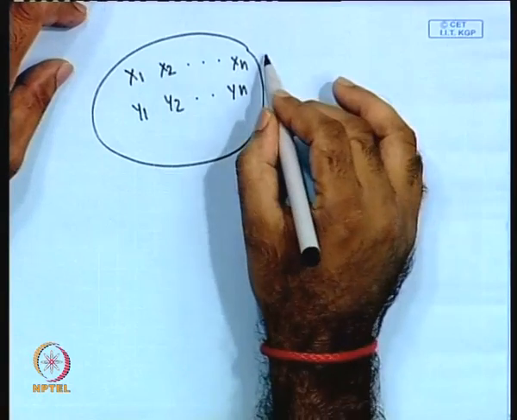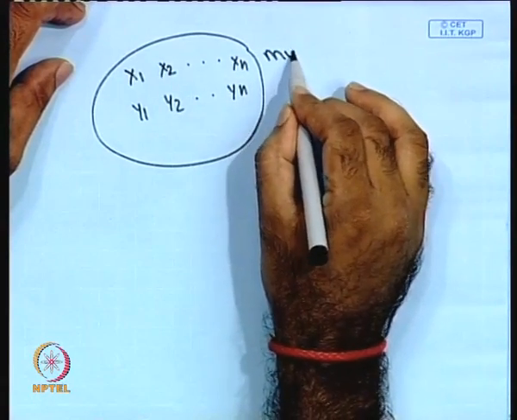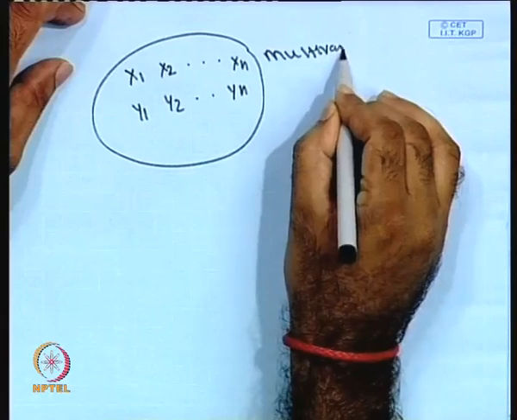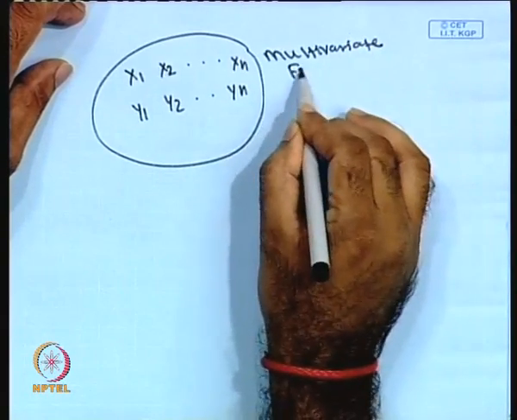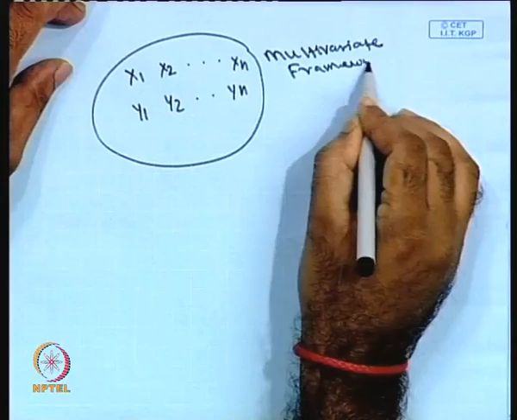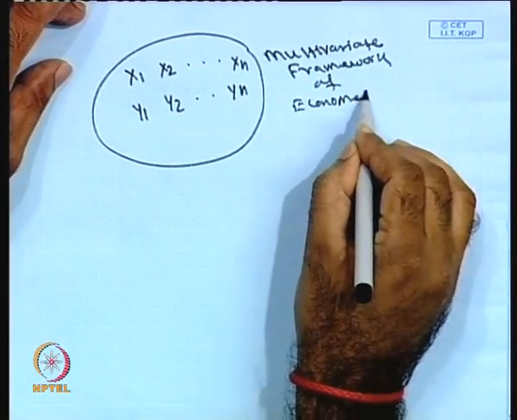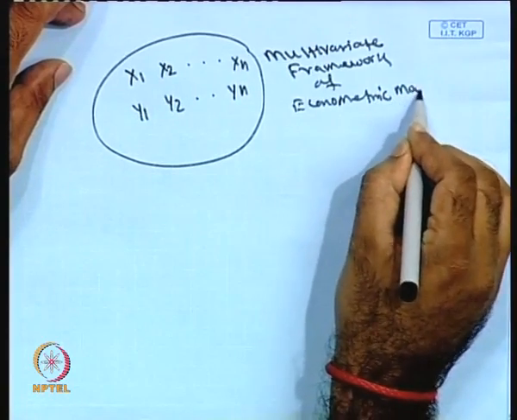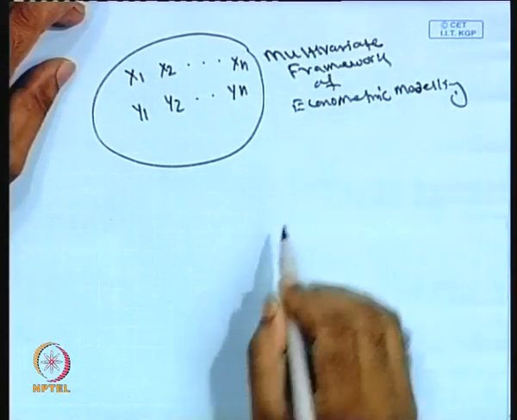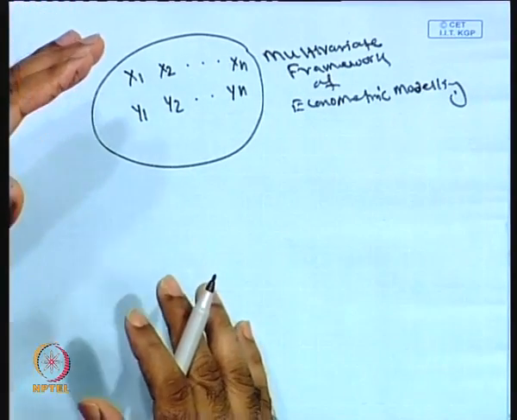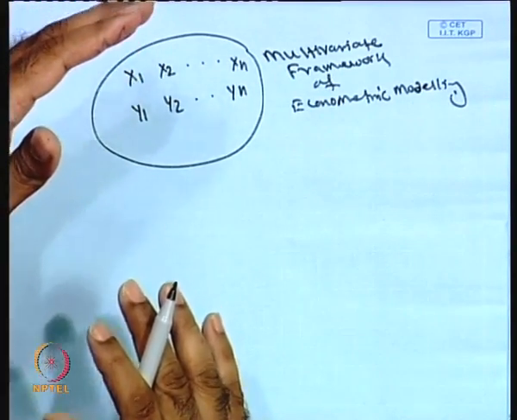So, this is what the multivariate framework of econometric modeling is all about. Here we are very much concerned with the statistical analysis of a particular variable or series of variables and their interrelationships.